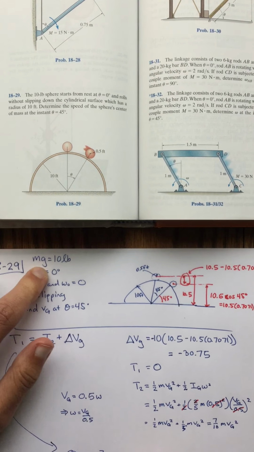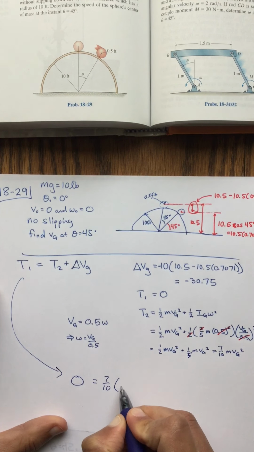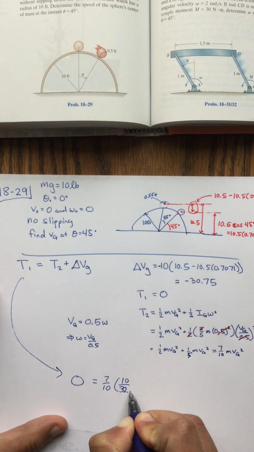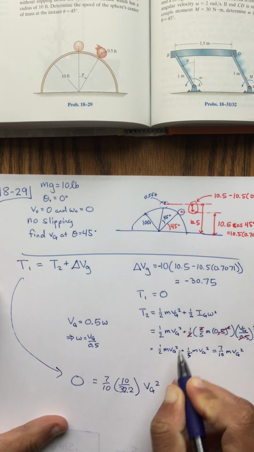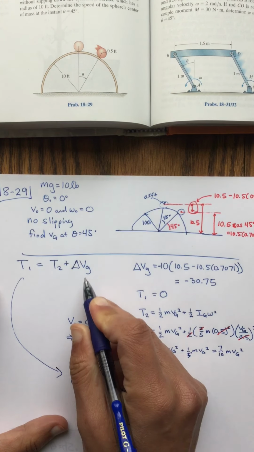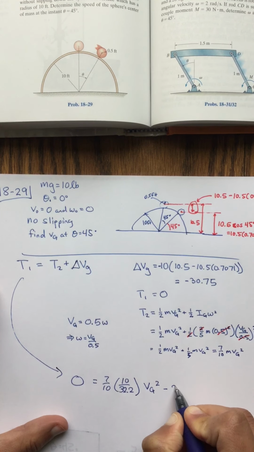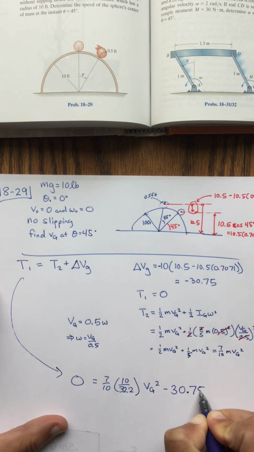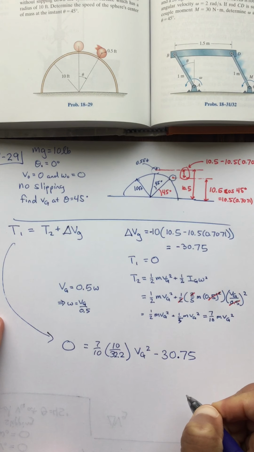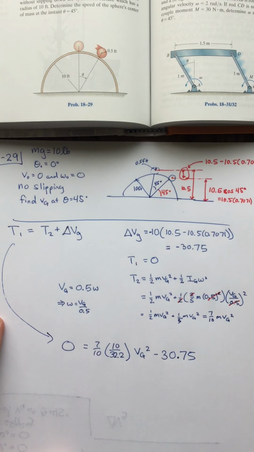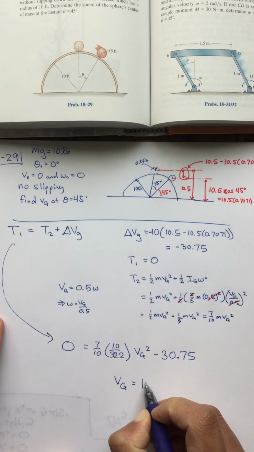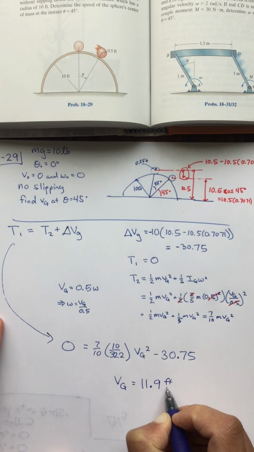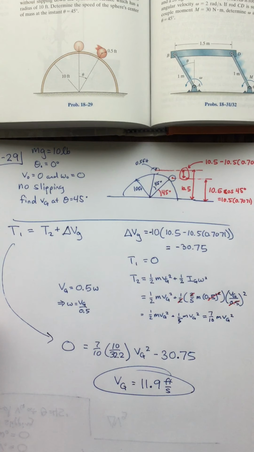M times g is 10 pounds, so the mass is 10 divided by 32.2, times Vg squared, plus the change in gravitational potential energy, which is negative, so minus 30.75. Then we can solve for the speed, and we get 11.9 feet per second, and that is our solution for problem 29.